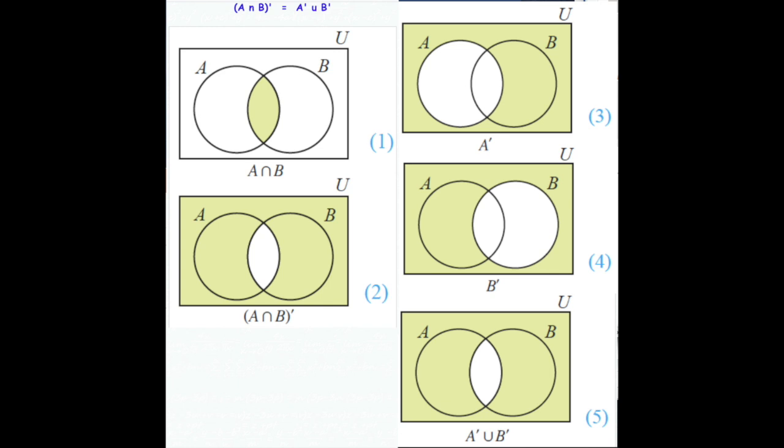And the yellow area there is A and B. And then for number 2, it shows you not (A and B), and that's everything that's not in the center there like that. So the yellow in the second one is not (A and B). And you notice the little apostrophe there, that's yet another way of saying not.